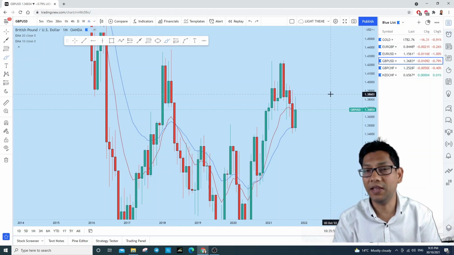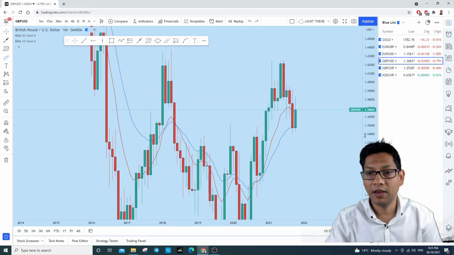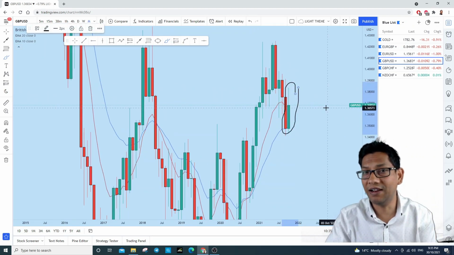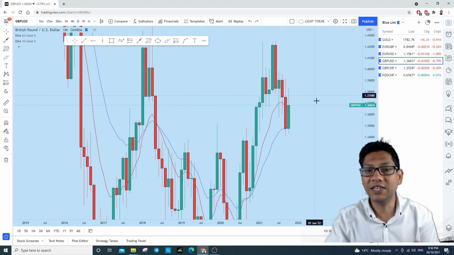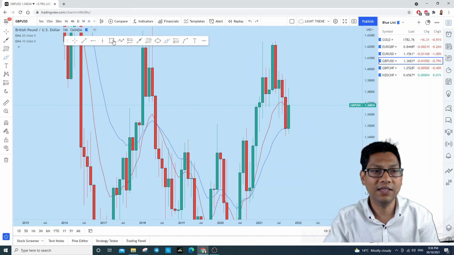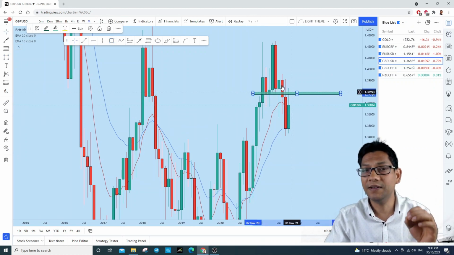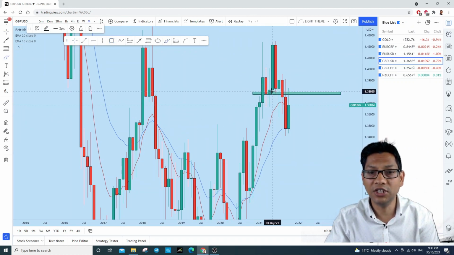What is happening in the previous months? GBPUSD has created this green candle, and there is a significance in this green candle. The significance is that this green candle basically tested the neckline of this head and shoulder pattern. This is a support here, support here.